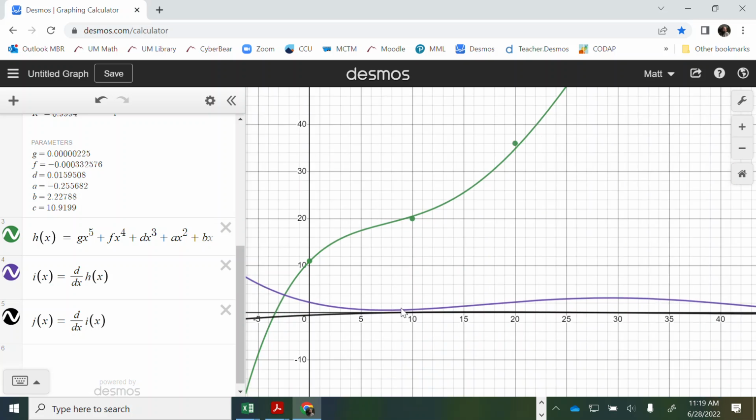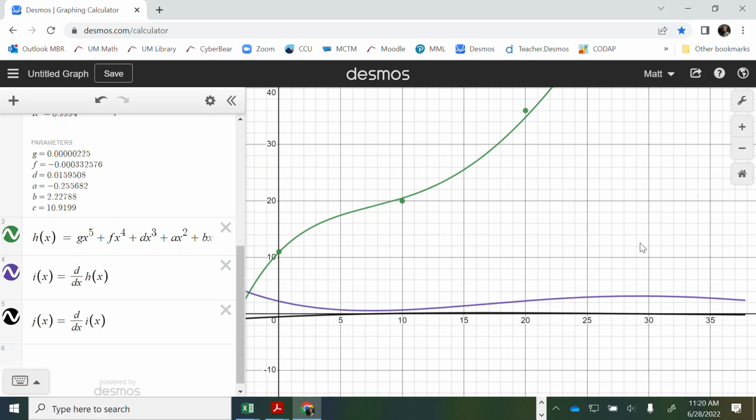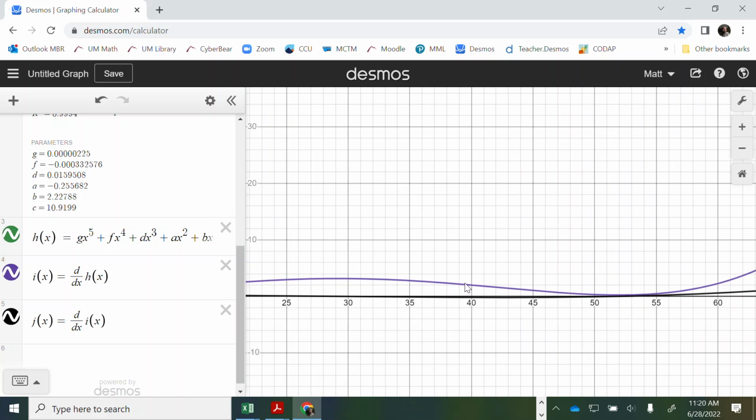Here, I don't quite know if I believe it, but there's a low point here. I'm just holding my left mouse button over the function, and you can get a traceable point, and it'll snap at low levels. So that's a low value of slope. You can see that it's a relative minimum on the first derivative. So a low value of the slope there, and then there's also a very low value of the slope here at 51.